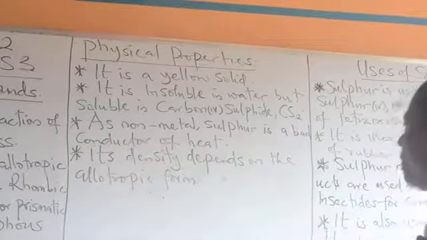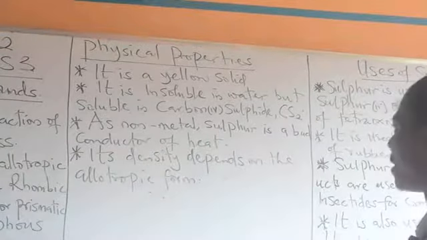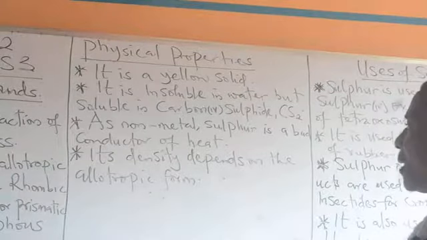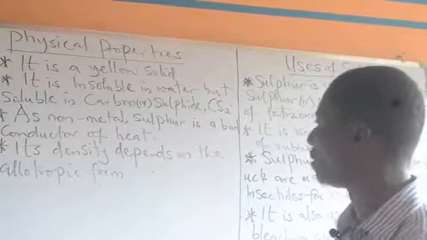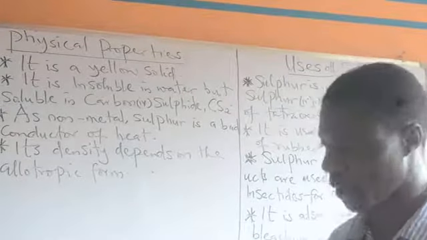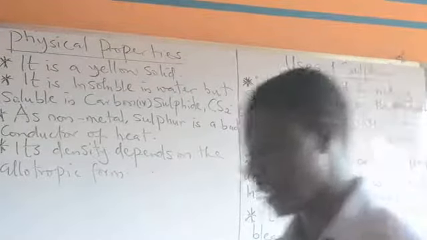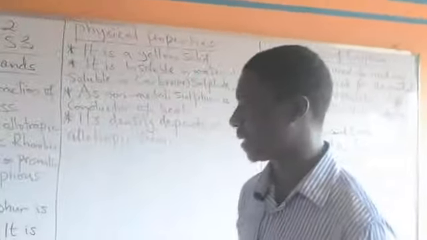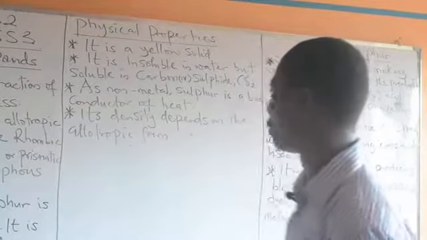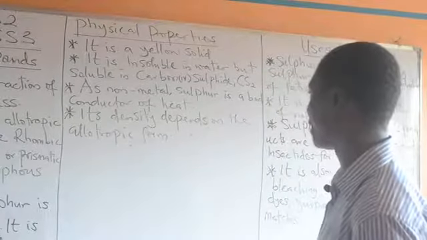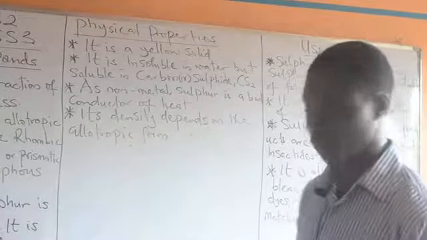Because it's a non-metal, sulfur is a bad conductor of heat. And again, the density of sulfur depends on the allotropic form of sulfur, whether it is rhombic, monoclinic, prismatic, or even plastic.